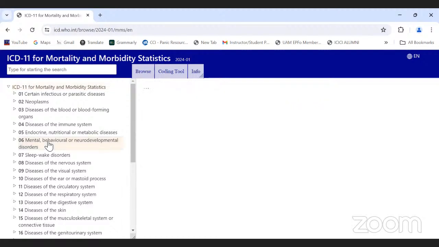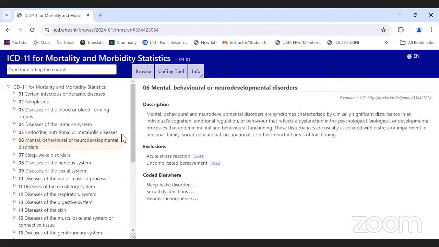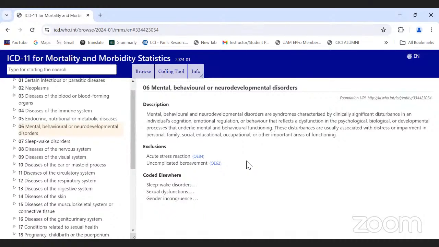So chapter six. When I click on this, I hope I'll be able to access the whole thing.